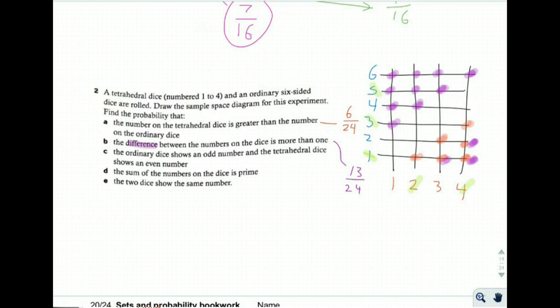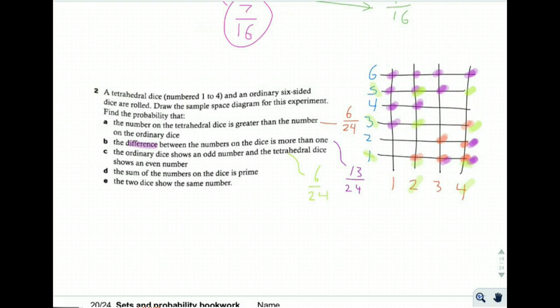Okay. So where are the intersections here? It would be here, here, and here, and here, and here. So that would basically be 6 possibilities. Okay, 6 out of 24.